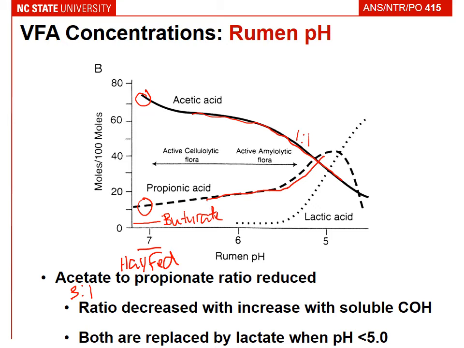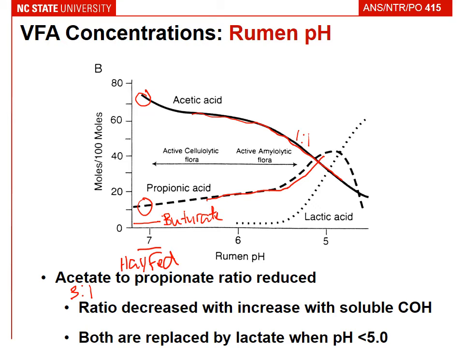So our hay-fed animal, pH 7, we're going to have predominantly acetic acid and propionic acid. And then a little bit down here, we would have butyrate. So this would be our grass-fed beef.